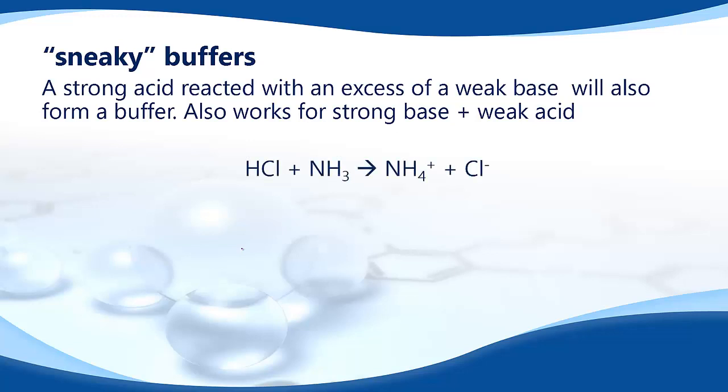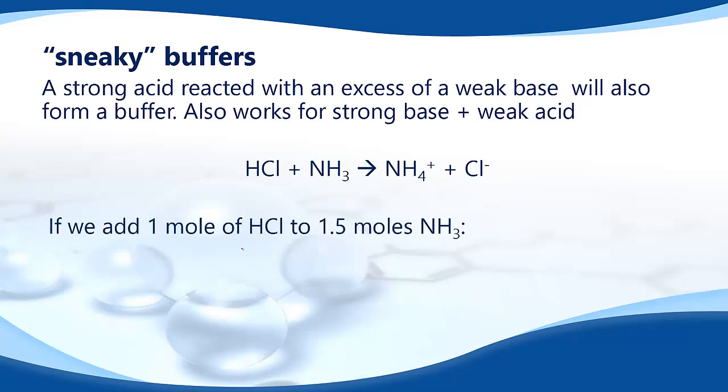Let's take hydrochloric acid and ammonia. If I mix together 1 mole of hydrochloric acid and 1.5 moles of ammonia, according to this equation, if we do our ICE table, stoichiometry says we're going to react all of the HCl and be left with none of it.